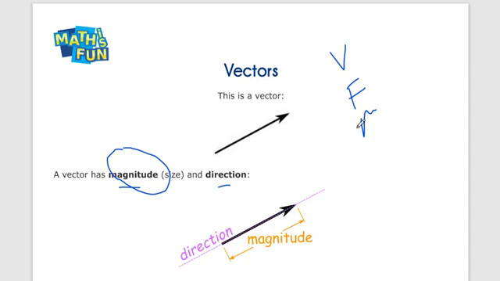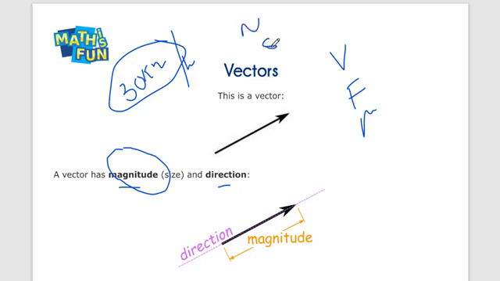Like velocity: let's say we start the bike, and we have a speed of 30 kilometers per hour. In which direction? We will always say in which direction, like north, south, east, west, or southeast.